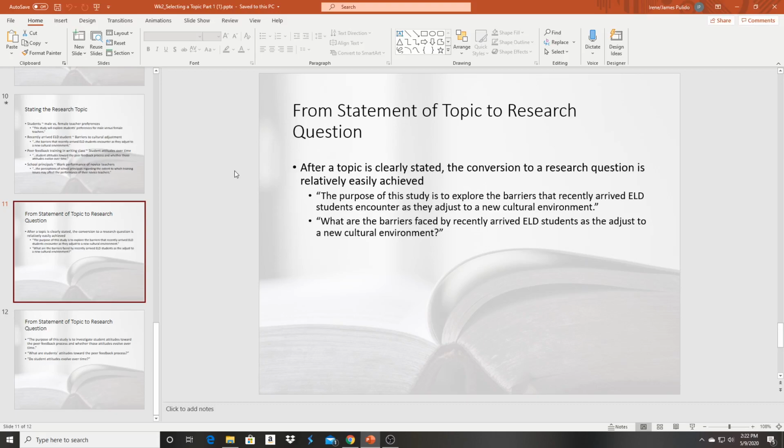And then that gets translated into: what are the barriers faced by foreign workers or ELD students? So the top one is very general: to explore the barriers of newcomers to this world. Now what about them? The barriers faced by them as they adjust to a new environment. More specific. So that covers that, and I will be doing the other PowerPoint for our second video.